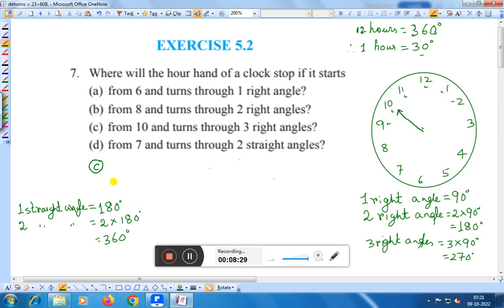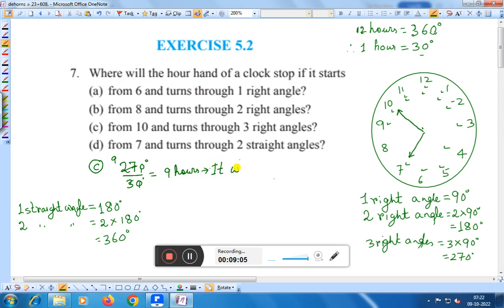Three right angles means 270 degree. This is the center of the clock, this is 10, and from 10 it turns through three right angles. 270 degree, if we divide by 30, because 1 hour equals 30 degree, then we are getting 9 hours. That means 9 hours from 10: 1, 2, 3, 4, 5, 6, 7, 8, 9. And we stop at 7, right? Therefore, it will stop at 7.